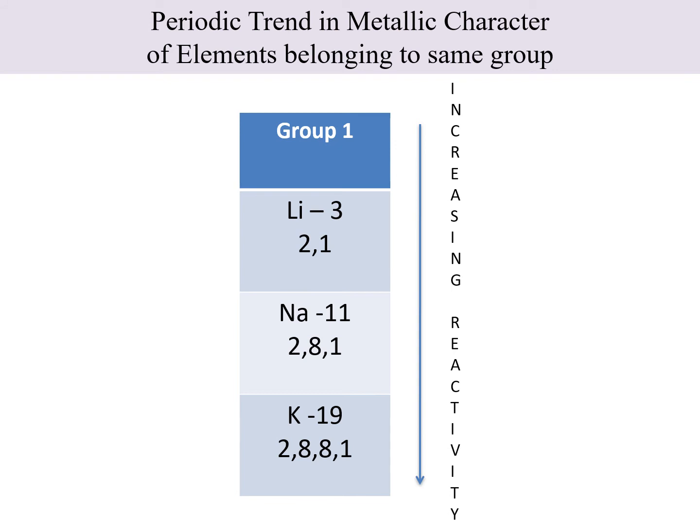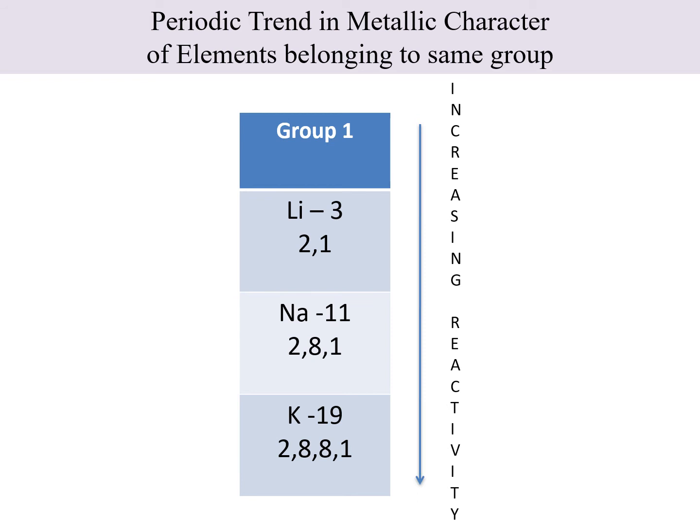So from this we come to know that as we go down the group, the size of the atom goes on increasing due to the extra shells that are added, and the electron in the valence shell is not tightly held. As that electron is very loosely held, it can be easily lost in a chemical reaction. So accordingly, potassium's tendency to lose that 1 electron will be highest as compared to sodium and lithium.